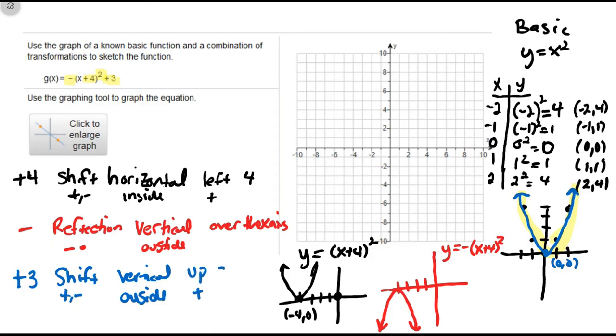Vertical is up or down, so I'm going to shift up 3. So my final graph, I have shifted left 4, up 3, and reflected down. So I get this picture right here. This is for y equals negative x plus 4 squared plus 3.